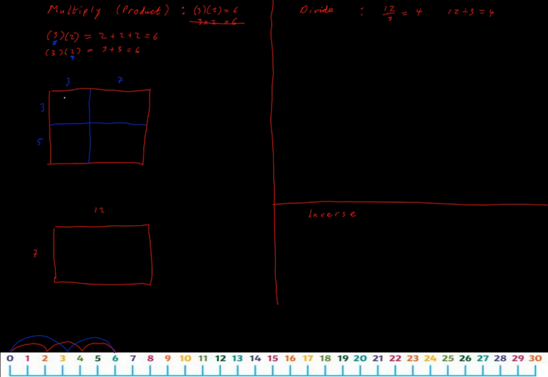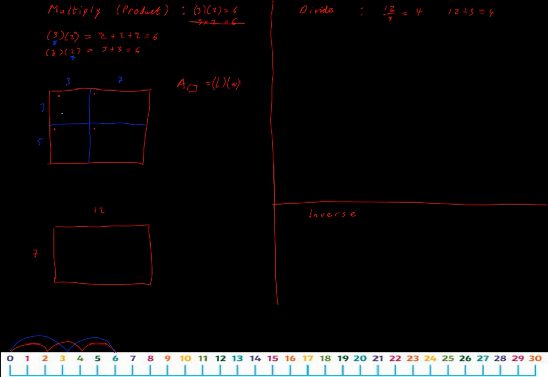How would I find out the area of each one of these smaller fields? Well, I know how to get the area of rectangles, don't I? The area of a rectangle is the length by the width.